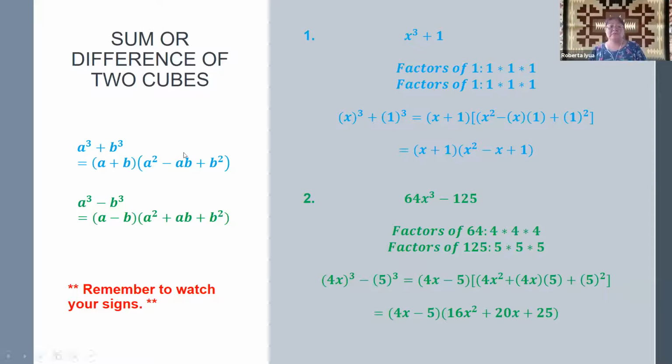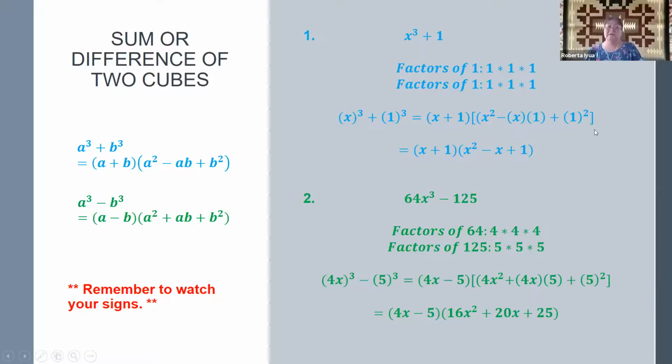So I just followed the formula: a plus b times a squared minus ab plus b squared. So I put x plus 1 times x squared minus x times 1 plus 1 squared.